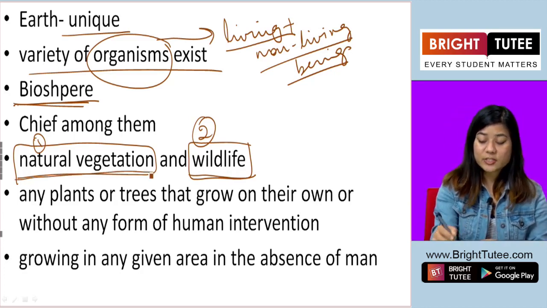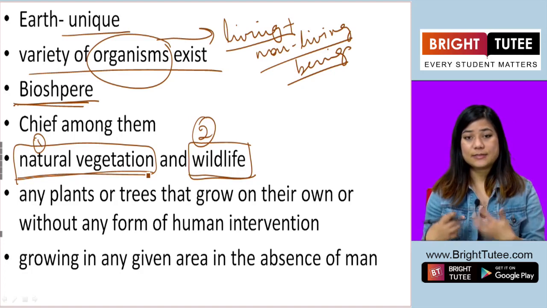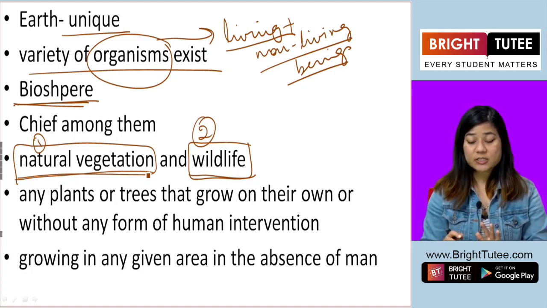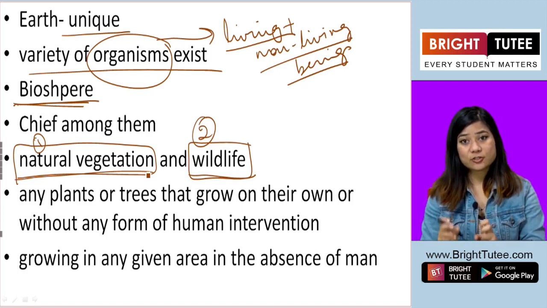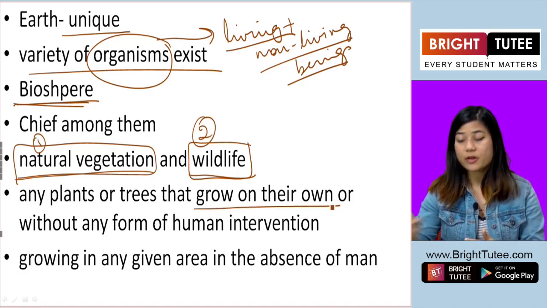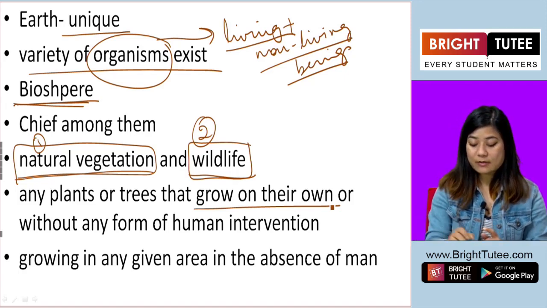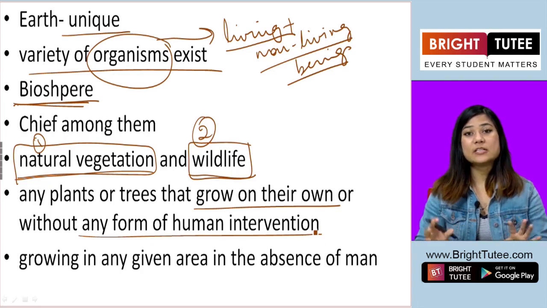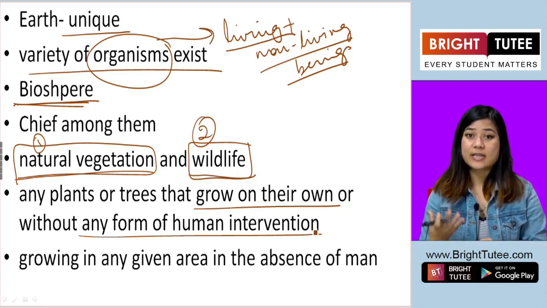Now, natural vegetations are plants, trees, alright? Natural vegetation is called natural because the plants and the trees grow on their own without any form of intervention. So that kind of vegetation is called natural.